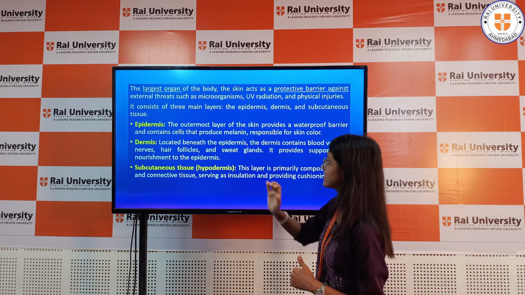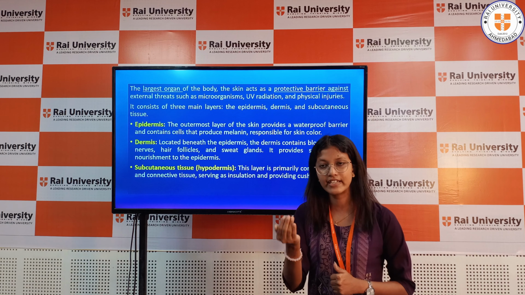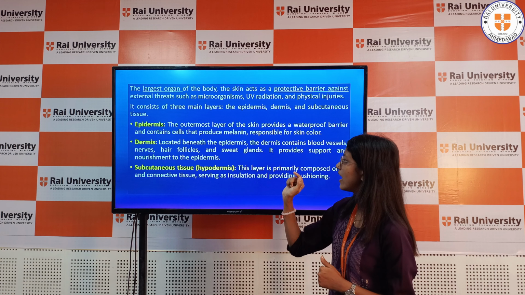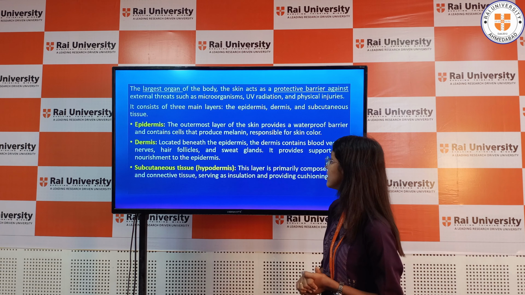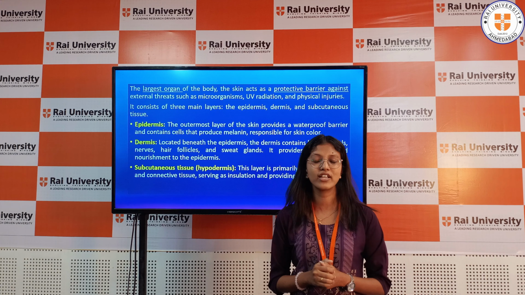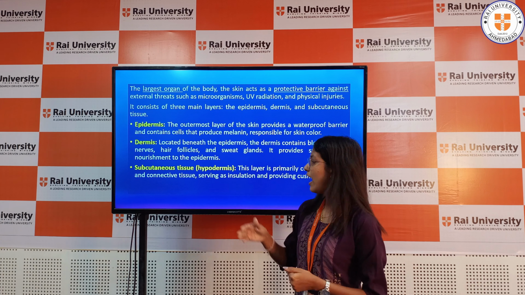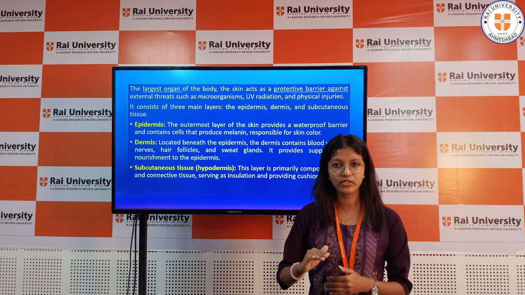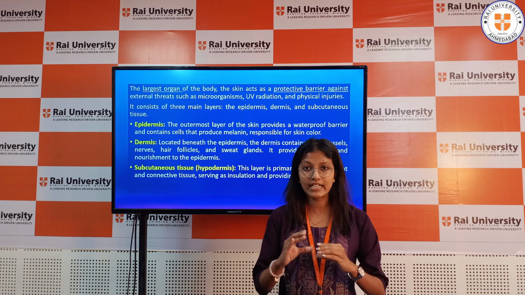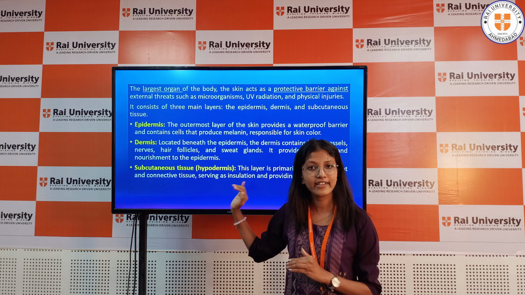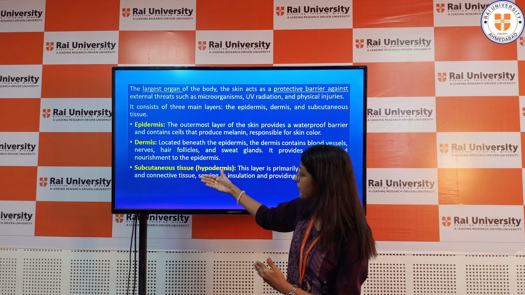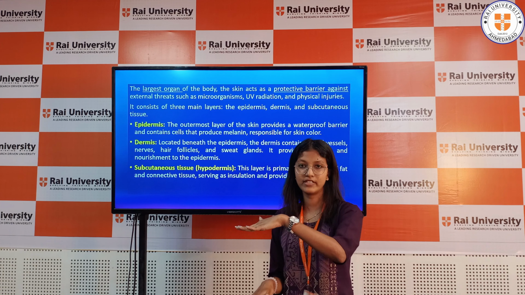And dermis is the second layer and it contains blood vessels, nerves, hair follicles and sweat glands, and it provides support and nourishment to the epidermal layer. And the third layer is the last one. We have to remember that mainly epidermis and dermis are the skin layers, and subcutaneous is the deepest one.